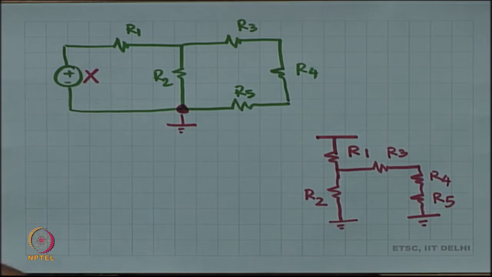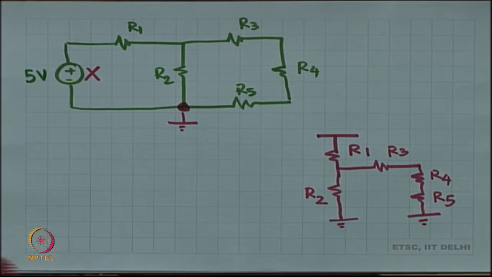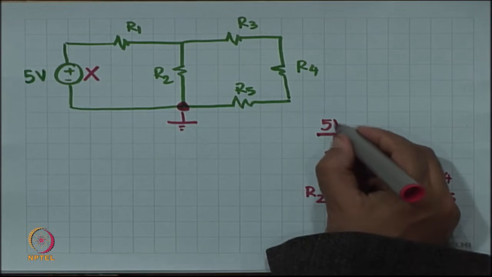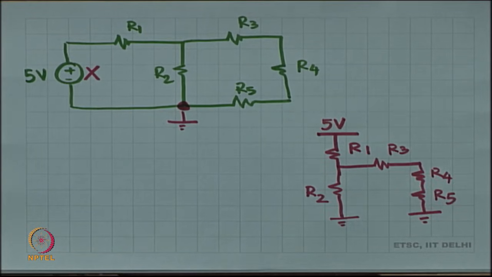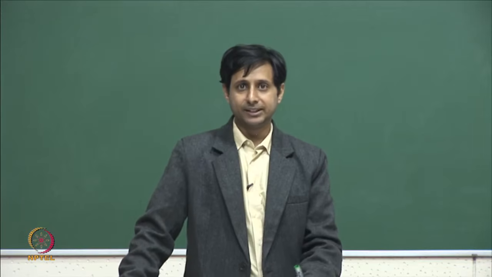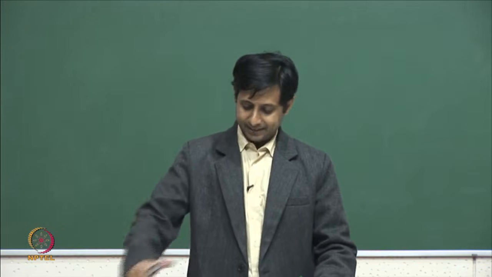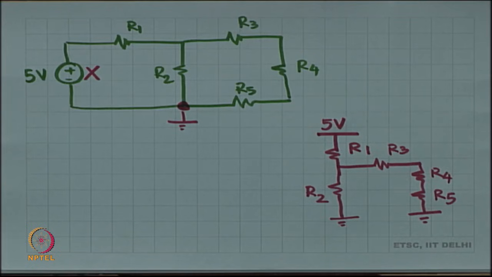If this had been 5 volts, I will just point out that this is 5 volts. Is this understood? This is going to be the new style of drawing for electronics. You are going to start with the power supplies at the top, and ground is going to be at the bottom. Ground is nothing much, it is just a reference point. We are all going to refer to ground, and then the circuit is going to be drawn, however it is. Any questions about this? This is going to be the style.